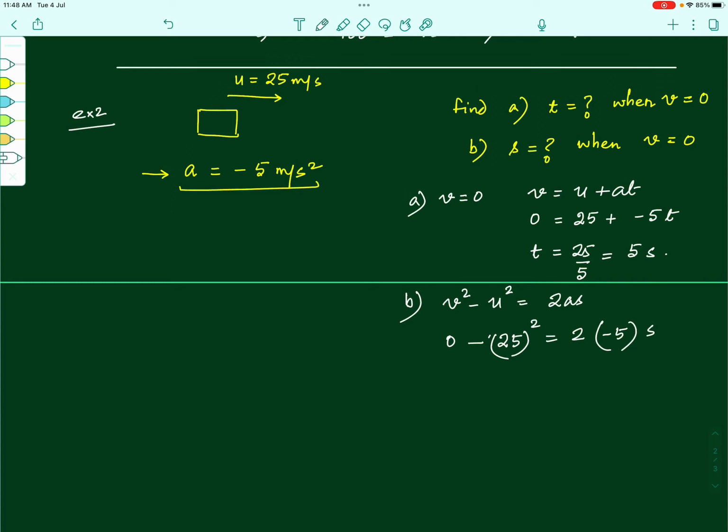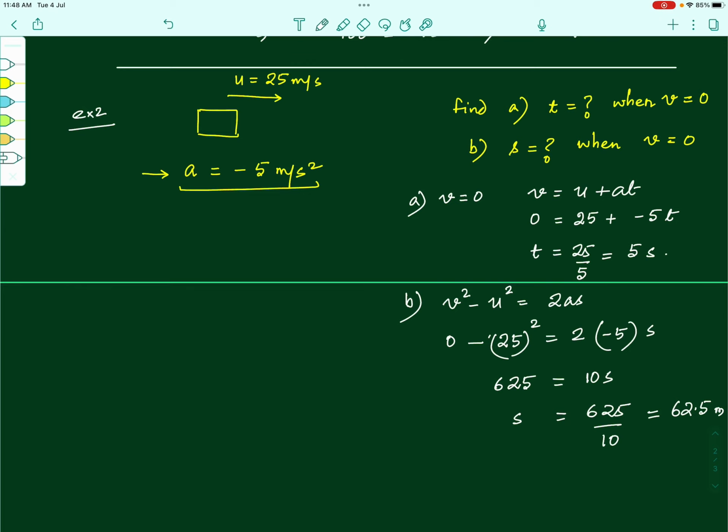See that the minus sign on both the sides of the equation will cancel out, and we will have 625 as the square of 25. This is equal to 5 into 2, 10 s. So s will be nothing but 625 by 10, which you can write as 62.5 meters.